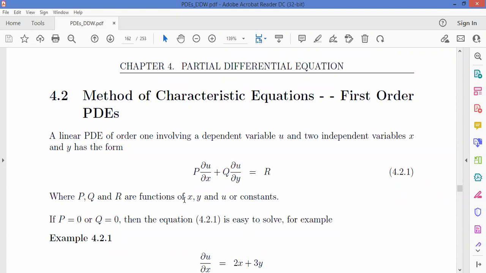So in this case, if you have a linear PDE involving a dependent variable u and the two independent variables x and y, you already know what is dependent and independent. We have overly explained that.